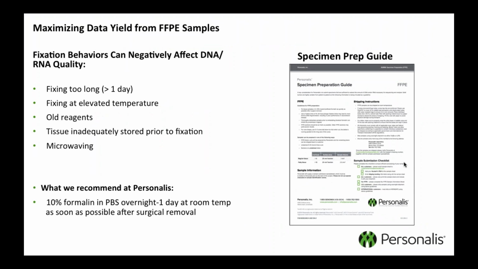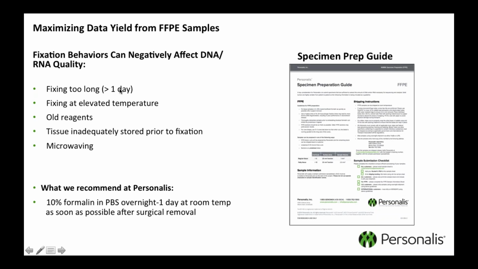So FFPE samples are the most common sample format available from tumor biopsies. And while fixation can greatly preserve your tissue, even for decades, the fixation and chemical modification can degrade both DNA and RNA. There are several fixation behaviors that can negatively affect nucleic acid quality, and I have some of those listed here. These can include the duration of fixing.